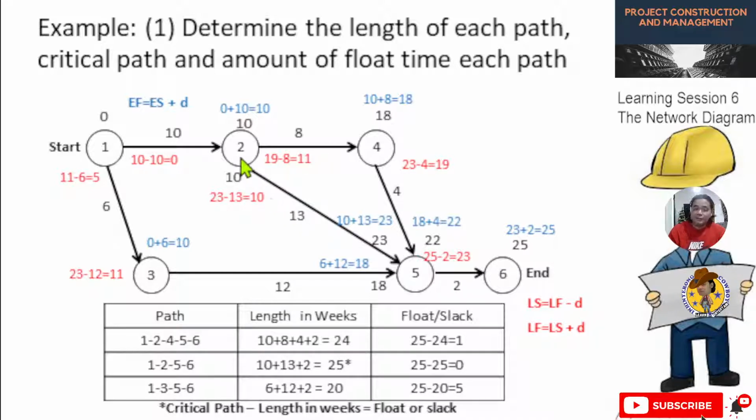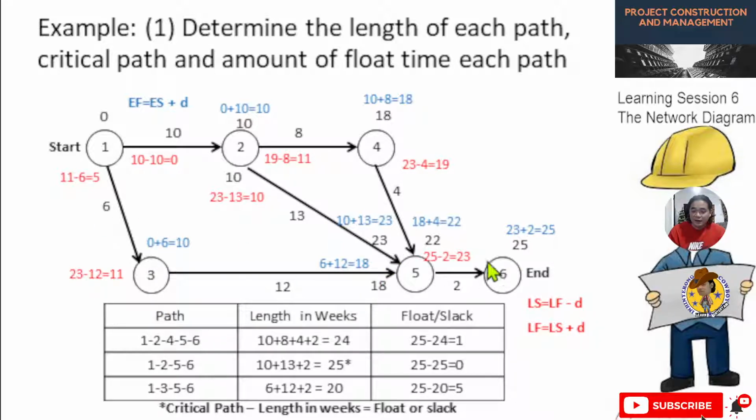After activity 2 to 4, activity 4 to 5 follows. The duration or the time for this one is 4 days. Then on the other side, as you can observe, in our last activity there are one, two, three paths.